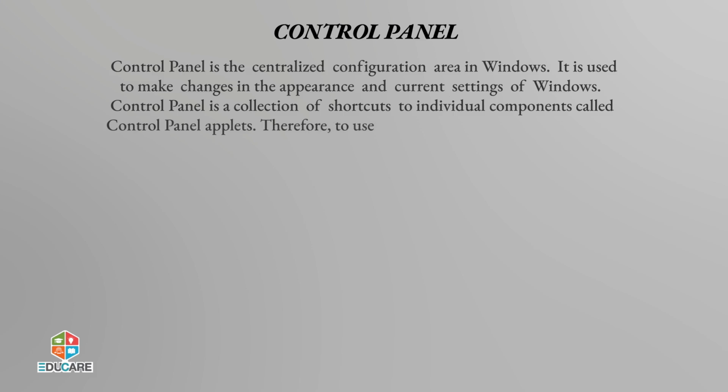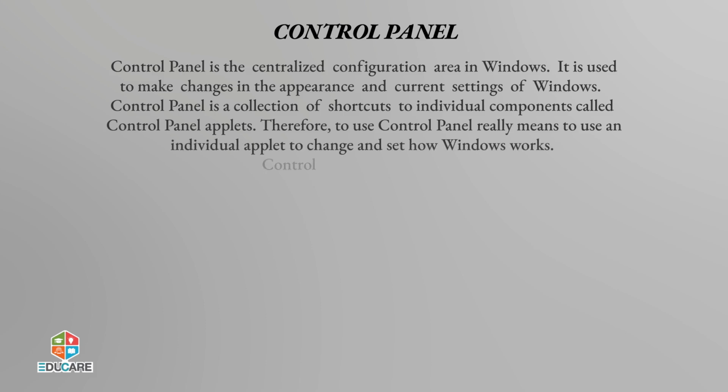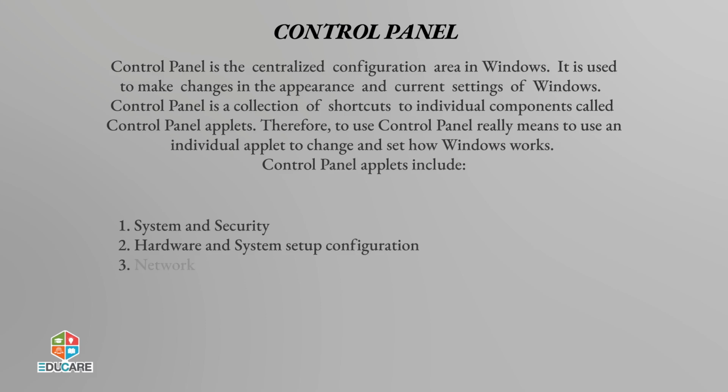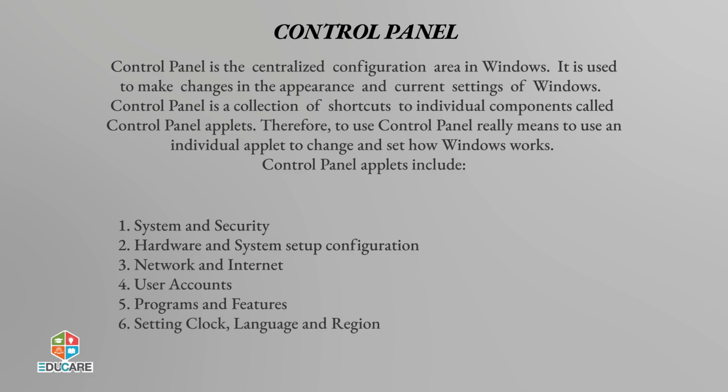Therefore, to use Control Panel really means to use an individual applet to change and set how Windows works. Control Panel applets include System and Security, Hardware and System Setup Configuration, Network and Internet, User Accounts, Programs and Features, Setting Clock, Language and Region.